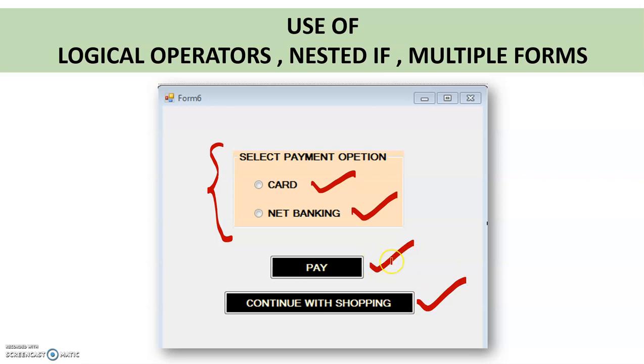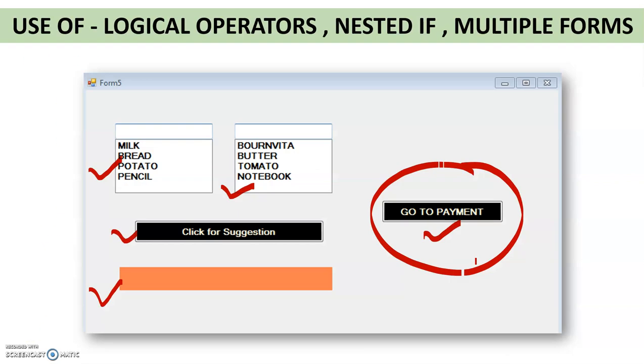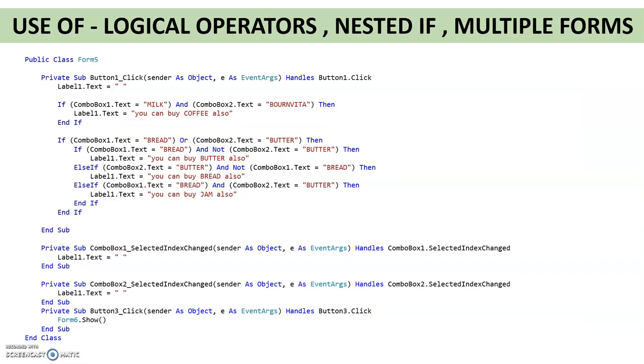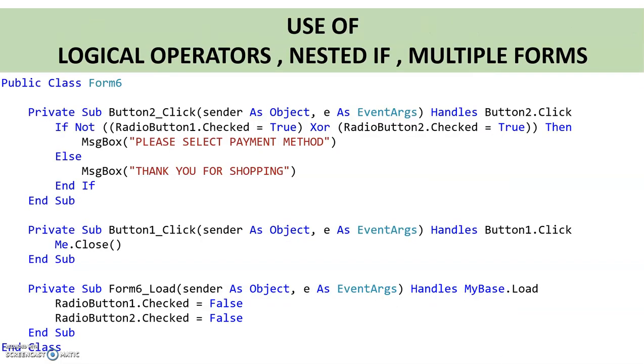If I click pay, it has to display the amount and all the other things, and when I click on continue with the shopping, it should redirect me to this form again, because I want to buy something else as well. For that we need to write the code, and here we have the code for that.